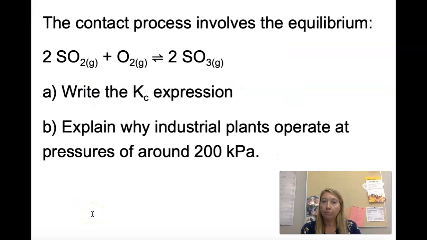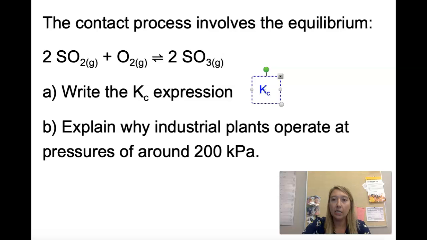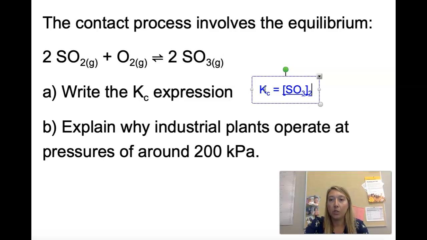Okay, so here's another example. It talks about the contact process. We're going to talk more about this when we get into applications of equilibrium. So we have 2SO2 plus O2 to give us 2SO3. It's asking us to write the Kc expression. So Kc equals the concentration of the products, SO3, squared, because it's balanced with a 2.